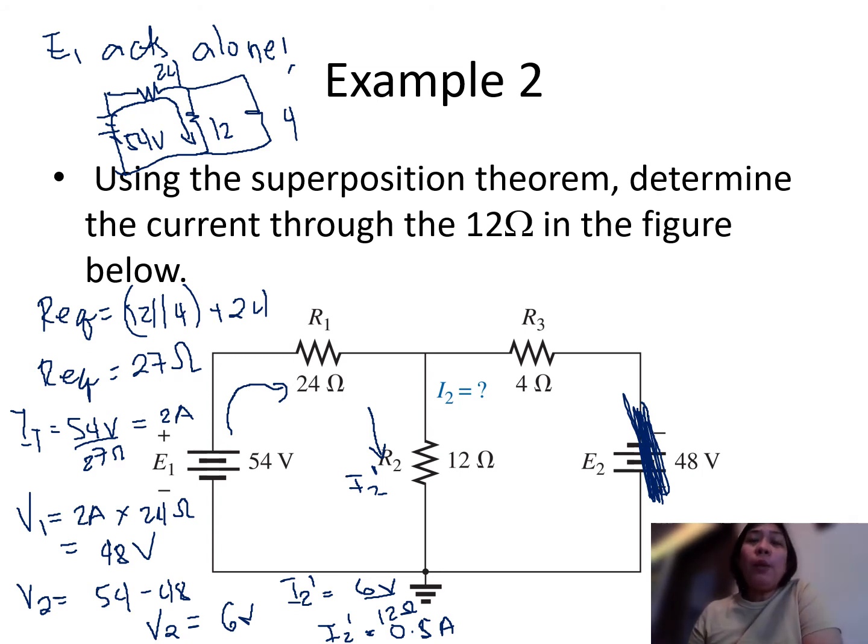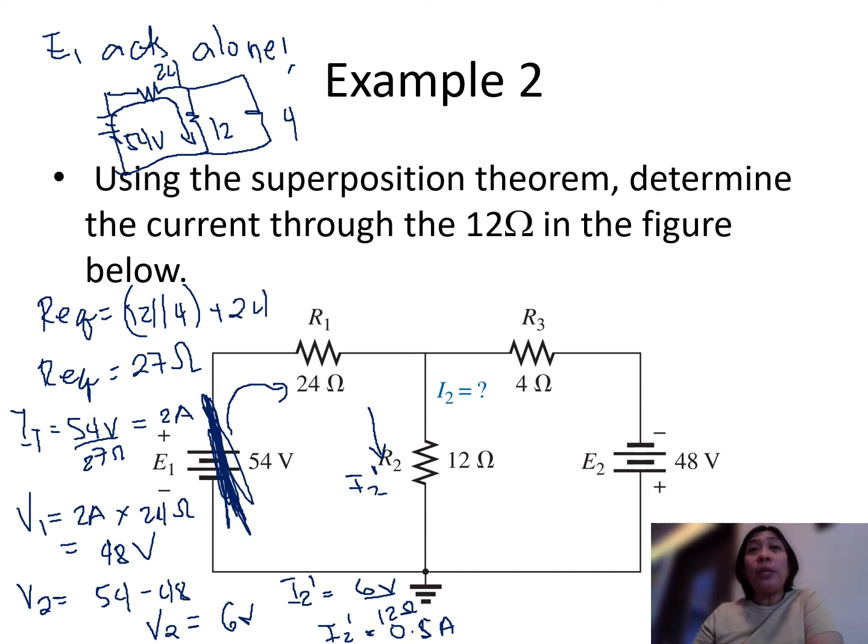Now we go to the next source. What will happen when the 48 volts is the one which acts alone? What we are going to do now is turn this one on, and we are going to short this. We are going to make a short circuit out of this one.